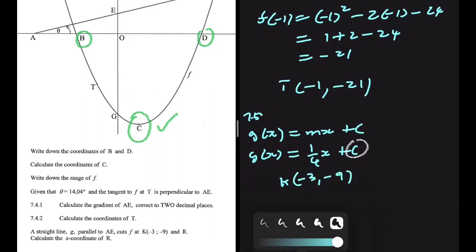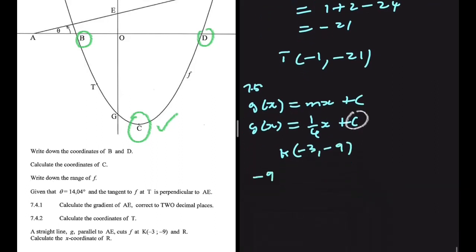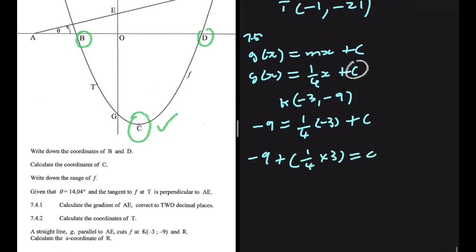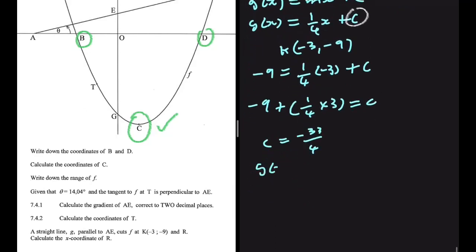If we substitute K, we're going to get minus 9 equals 1 divided by 4 multiplied by minus 3 plus C. So minus 9 plus 1 divided by 4 multiplied by 3 equals C. So C equals minus 33 divided by 4. So G of x equals 1 divided by 4 x minus 33 divided by 4.